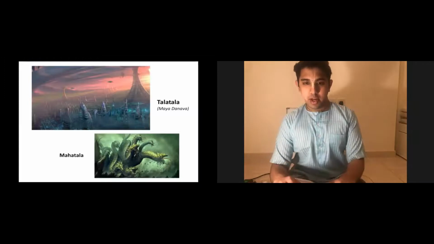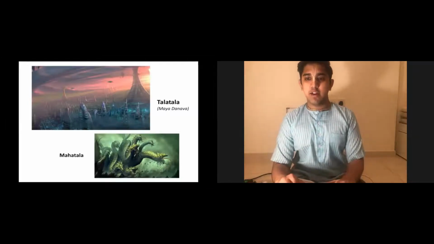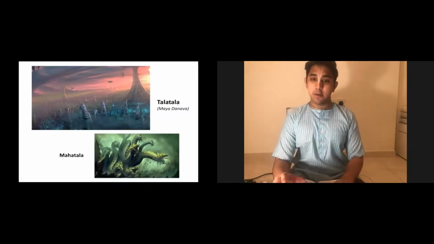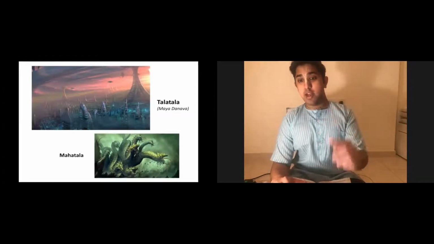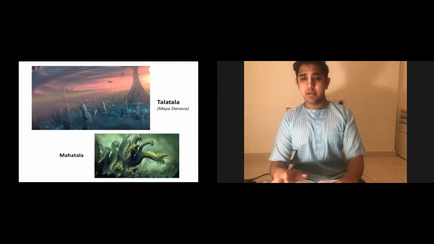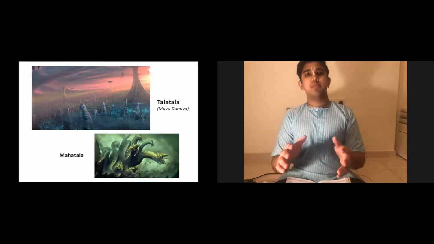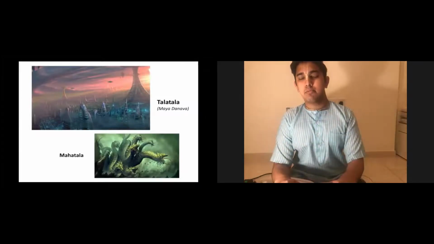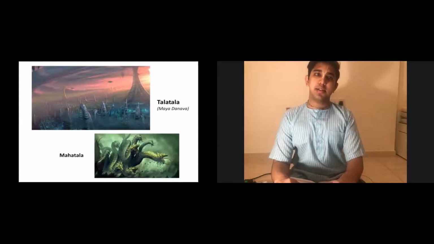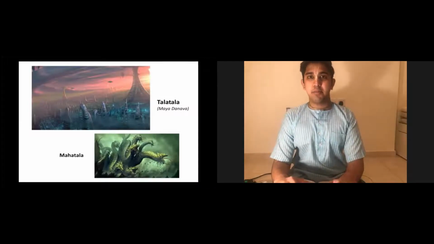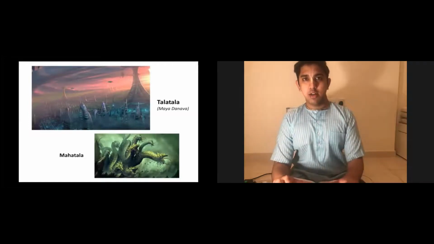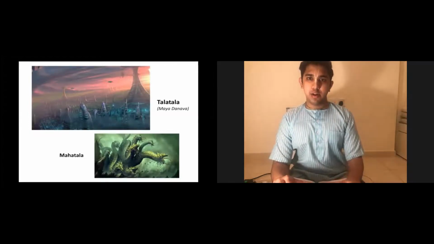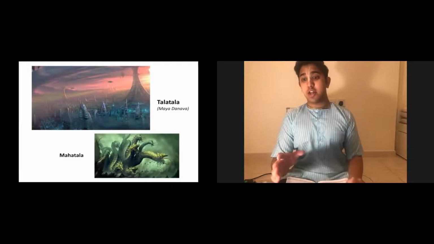Maya Danava has architected this whole city of Talatala as well as Atala, and various other things. We have seen in the Mahabharat the mystical palace of Indraprasth. That palace was constructed by Maya Danava.